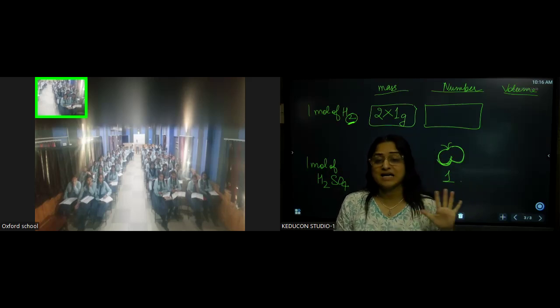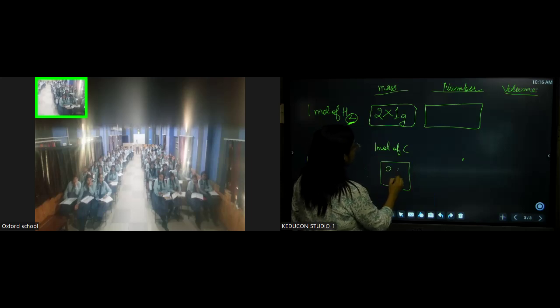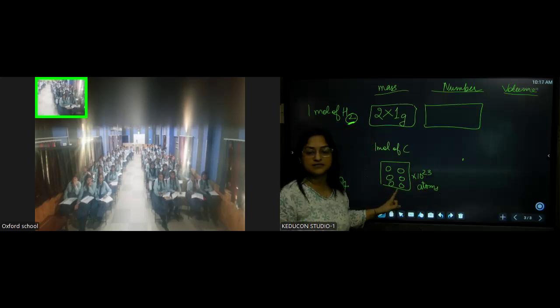They say number is fixed. 1 dozen means 12. That means 1 mole means Avogadro number of atoms. Number will be fixed. So suppose I take 1 mole of carbon. That means that is equal to 6 × 10^23 atoms. Right? Because this number is fixed.